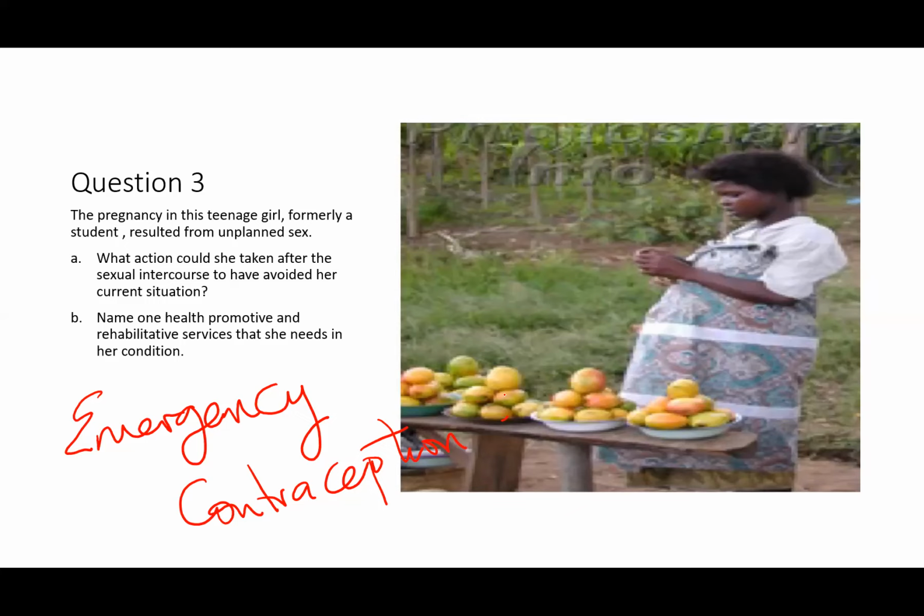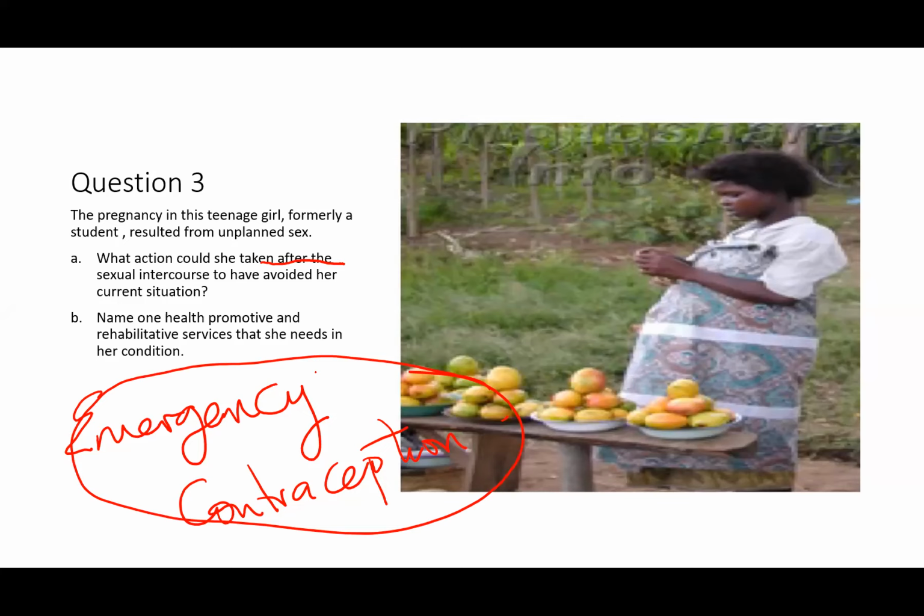Look at the question. It says after, okay? Because it's something that happened unplanned. But if it is planned, of course, she can use protection. But it's unplanned, so you have to be very careful in answering the question. When it has already occurred, she has to use emergency contraception.